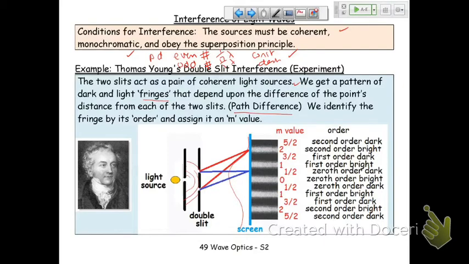We identify the fringes by their order, and we assign the value of m. Now, I do this slightly differently from how the book does it. The book talks about m as being 0 and 1 and 2, and then it has 2 equations, one for the bright fringe and one for the dark fringe, and the one for the dark fringe has a half added into it.